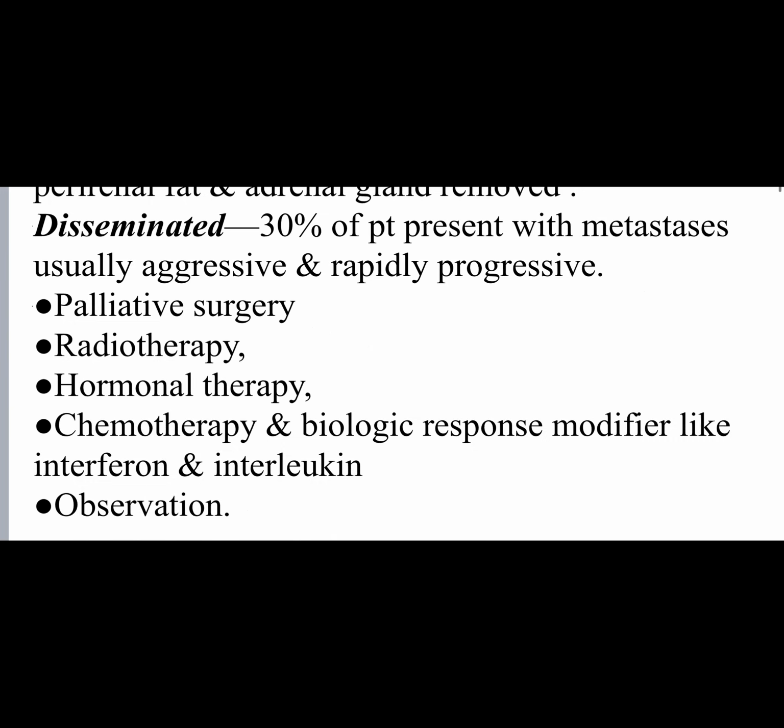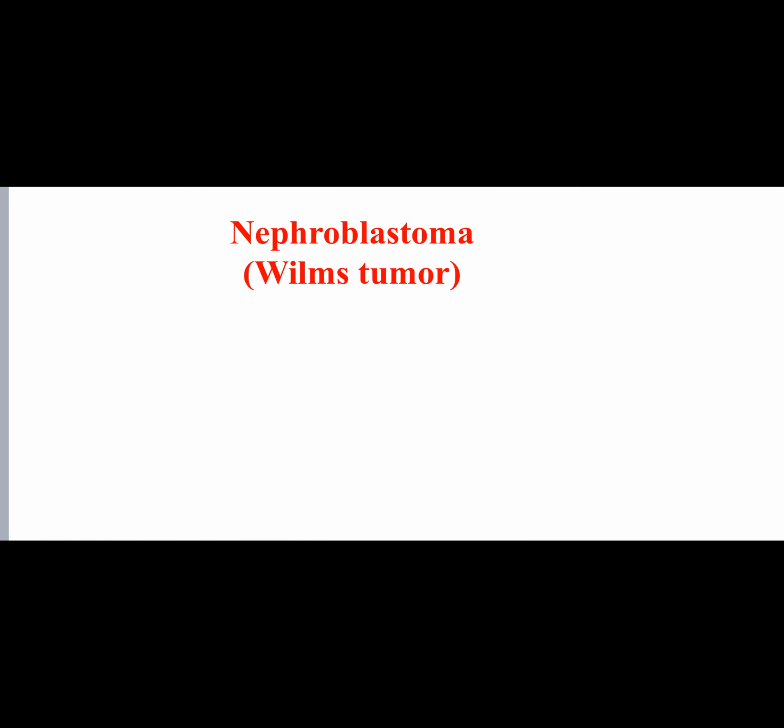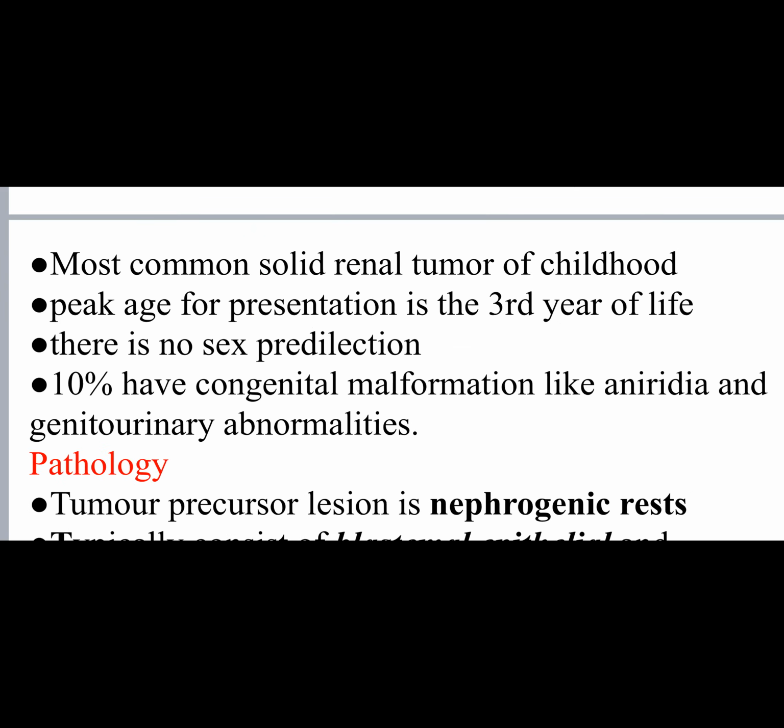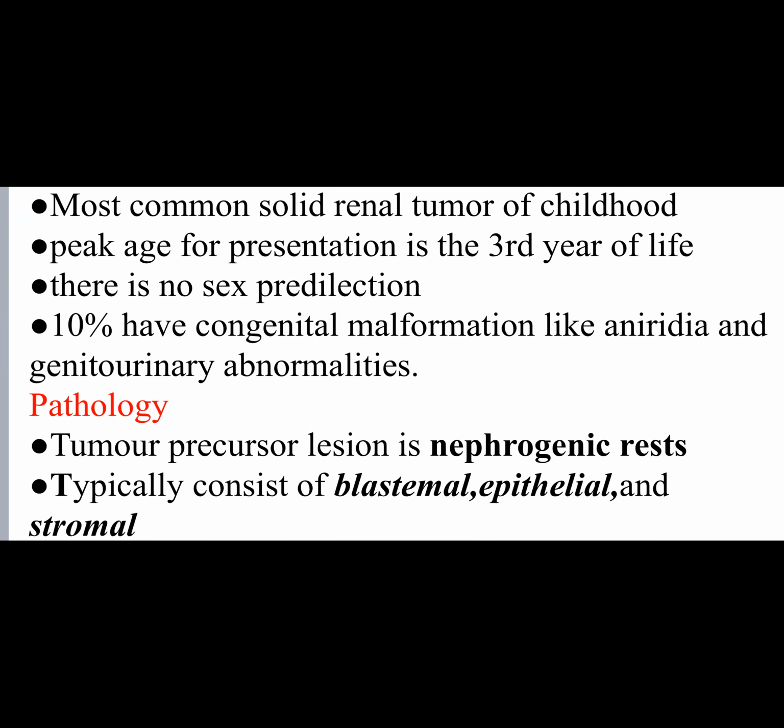Nephroblastoma, Wilms' tumor. Wilms' tumor is the most common solid renal tumor of childhood. Peak age for presentation is the 3rd year of life. There is no sex predilection, so male and female are equal. 10% have congenital malformations like aniridia and genitourinary abnormalities.